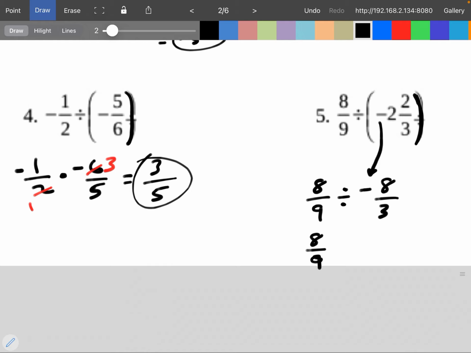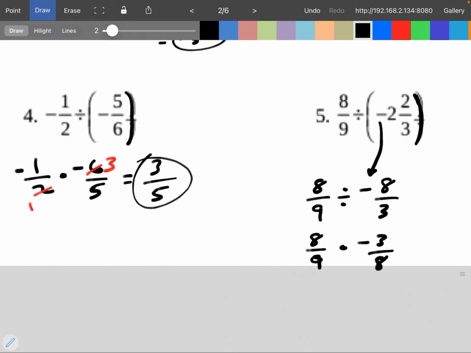Then the change part, we change the division to a multiplication. And then the flip part, we could write that as negative, or we could write that as 3 over negative 8. But when we flip it, we're going to leave that negative in the numerator. So leave that negative up on top, and then just flip the 3 and the 8.